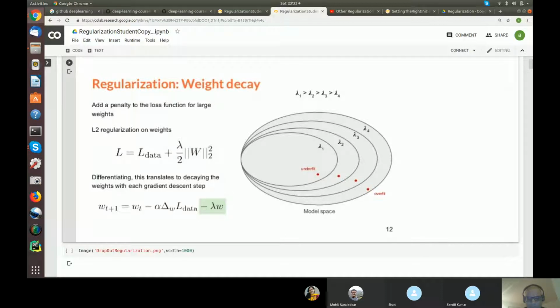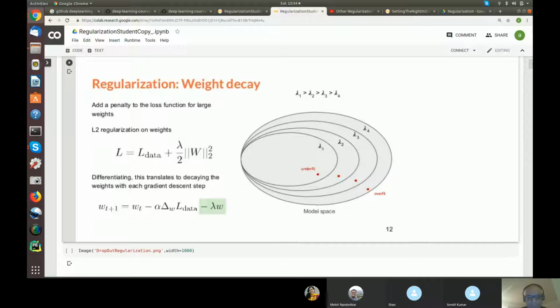If alpha is small, then you take small steps. So these two would have been the standard gradient descent. Now the new term that gets added is minus lambda into W. So if you take the derivative of lambda by 2 W square, you basically get 2 lambda by 2 W, so 2's cancel out. You get lambda W. So this is the new equation for gradient descent.